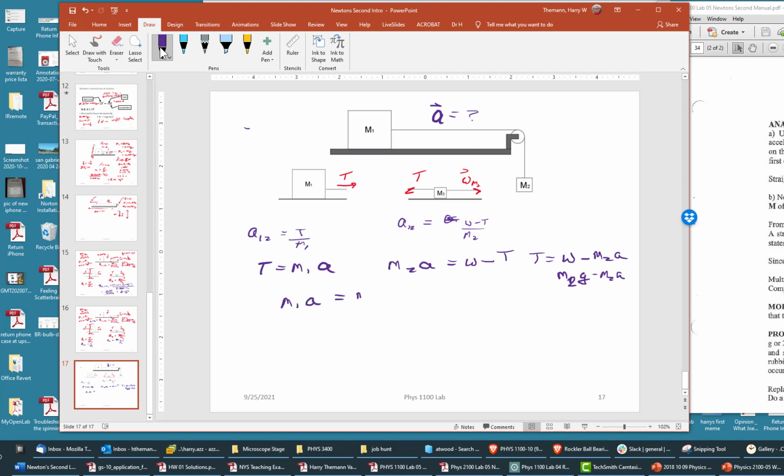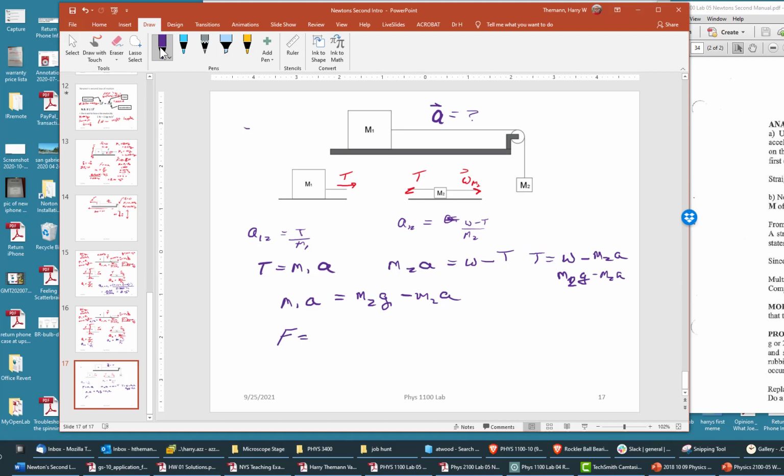equals M2G minus M2A. And then we can finally remember some force.